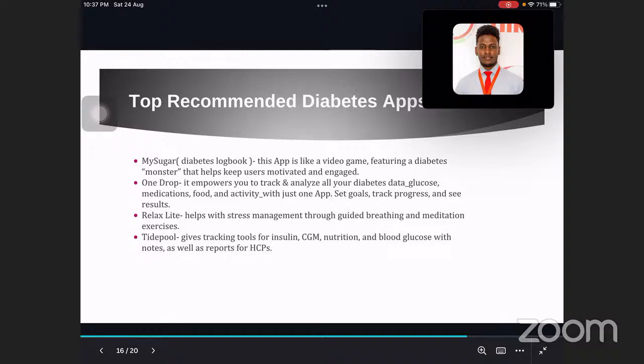Also, we have Relax Lite, which is an application that helps with stress management through guided breathing and meditation exercises. Finally, we have Tide Pool, which gives a tracking tool for insulin, continuous glucose monitoring, nutrition, and blood glucose with notes, as well as reports for healthcare providers.